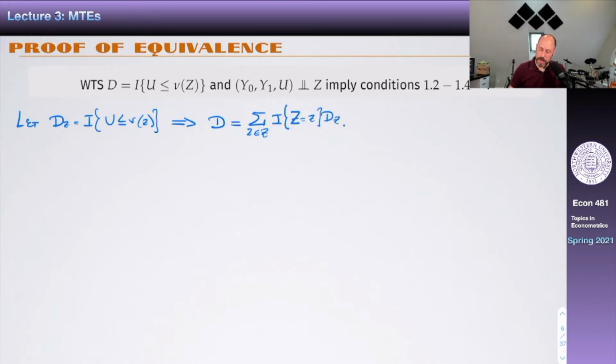And this is condition 2. It's straightforward, but in this latent model, you can define a new random variable D_c where you just fix the value of c, and then the observed one can be written like this.